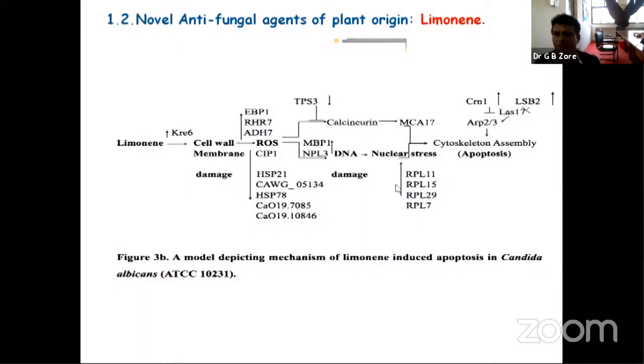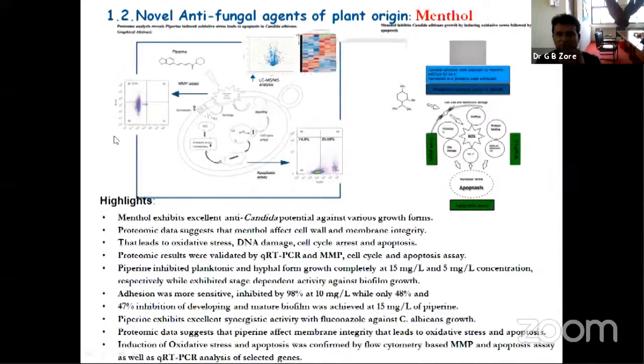It has several pharmacological properties and is the major active ingredient of mentha essential oil, and that's why we decided to check its efficacy against the growth of Candida albicans.